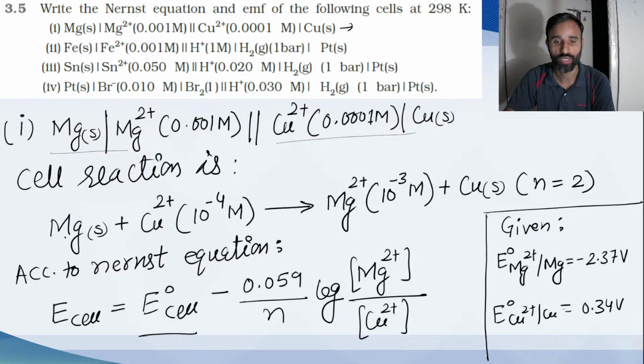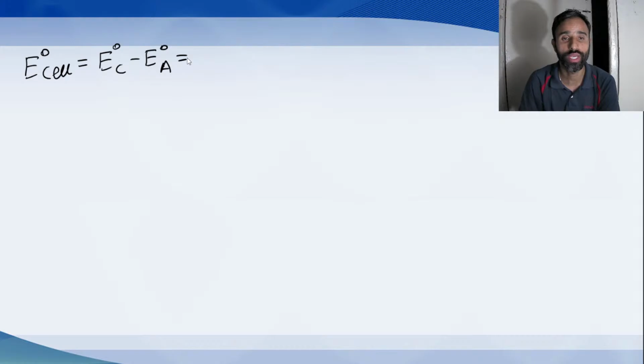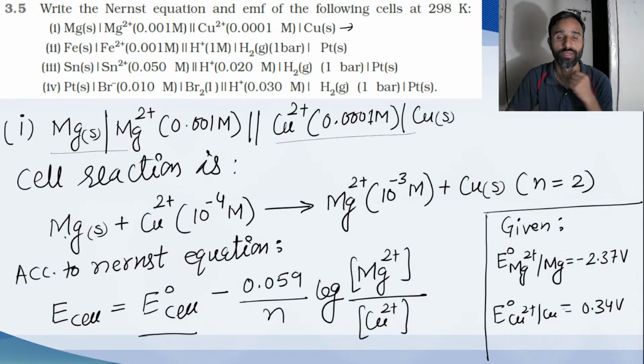So just put the values. E naught cell is E naught cathode minus E naught anode. What is the cathode here? In this case, the cathode is copper and the anode is magnesium.